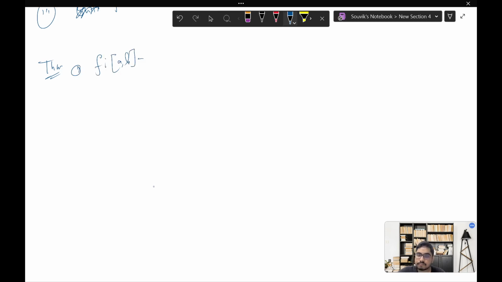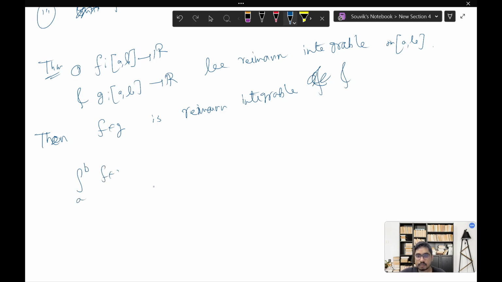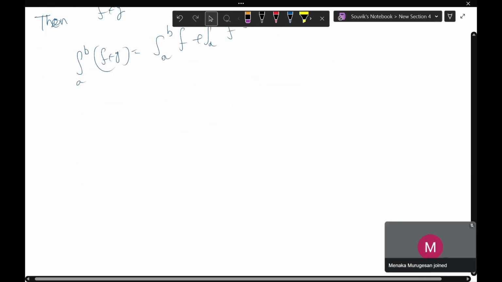If f and g are Riemann integrable, then f plus g is Riemann integrable, and the integral from a to b of f plus g is equal to the integral from a to b of f plus the integral from a to b of g. Okay, this is the one theorem.